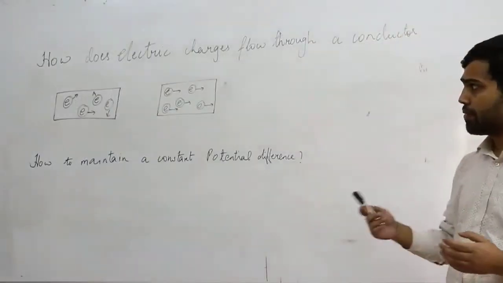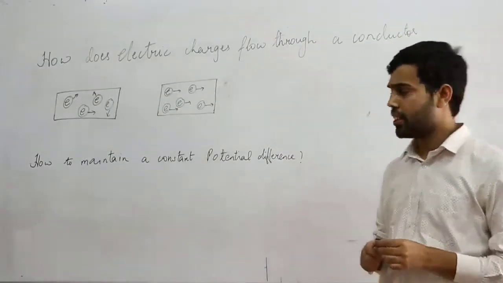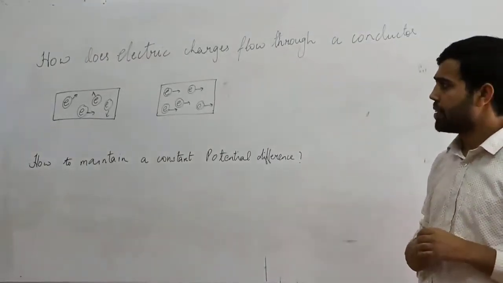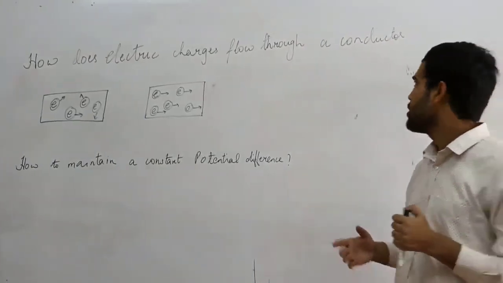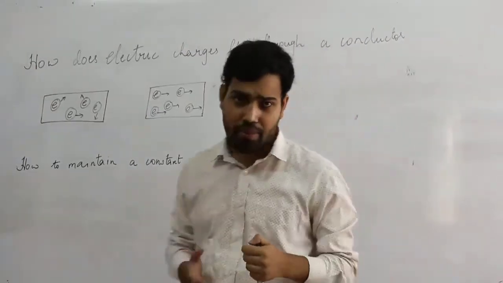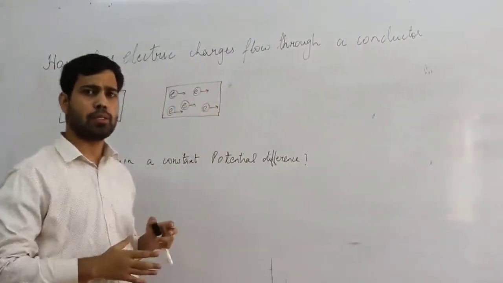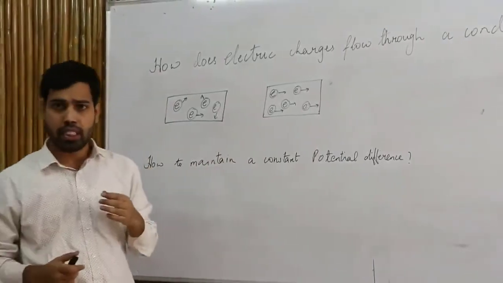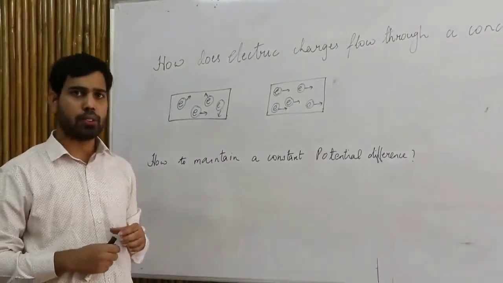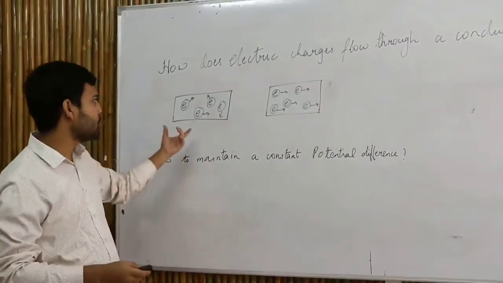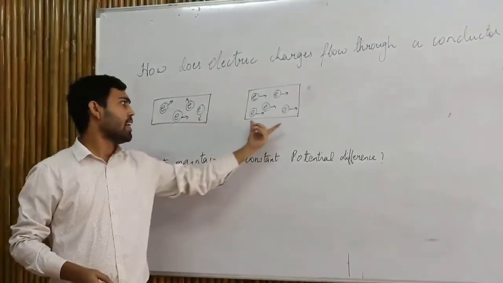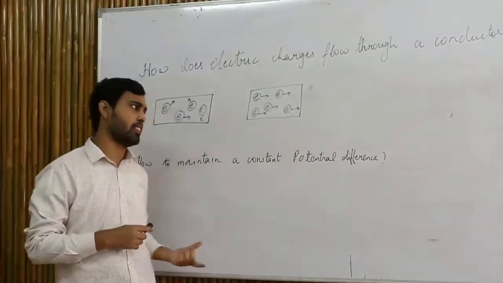Okay, so we have discussed electric potential in our talk. Now an interesting question that arises in our mind is, how does electric charge flow through a conductor? I have explained why electric charge flows through a conductor. Now we are looking at how it flows. I have 2 figures here. This is a conductor, and this is also the same conductor.